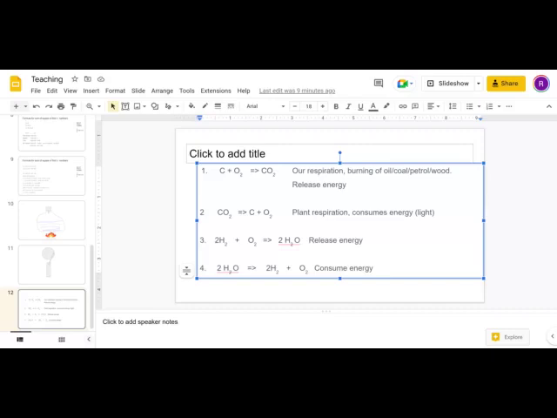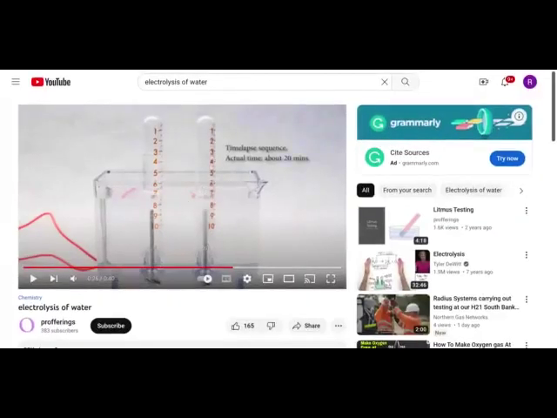So whatever the number of molecules of water, if there are 1,000 molecules of water, then you will get exactly 1,000 molecules of hydrogen and 500 molecules of oxygen. And that's why in this video you are seeing that this test tube has double the volume of this one.